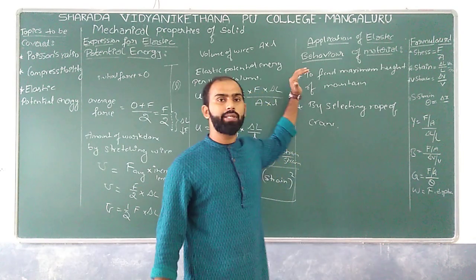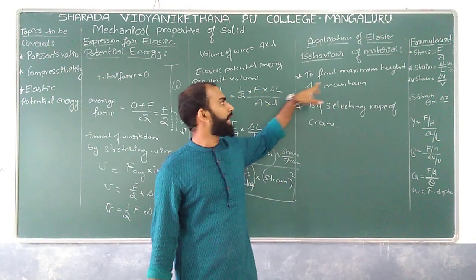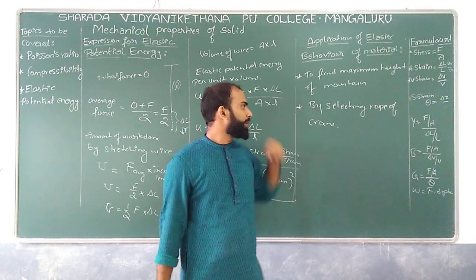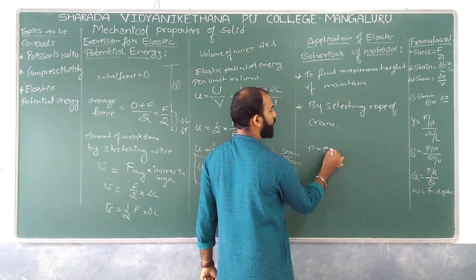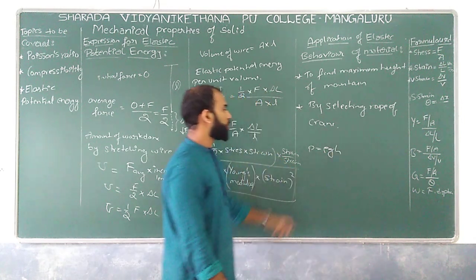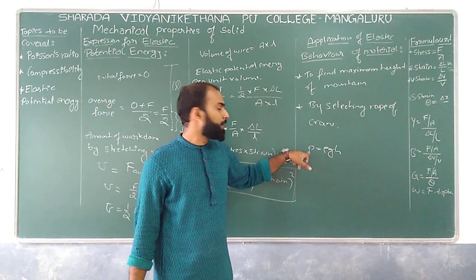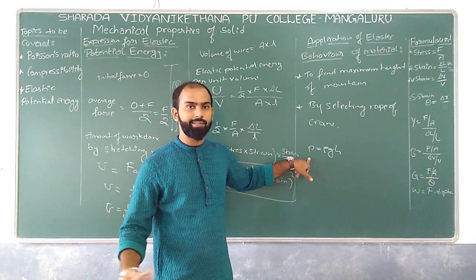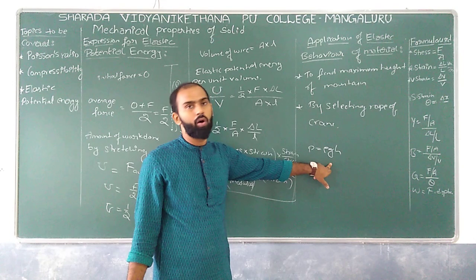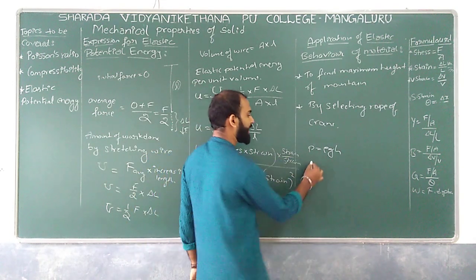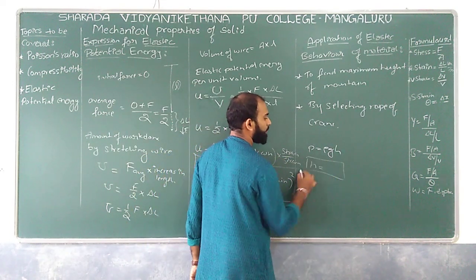This is the basic thing, because to find the maximum height of the mountain, if we know the value of pressure, which is equal to rho g h, which is exerted on the base, as well as the density of the material, and g obviously you know, then directly you can get the height value.